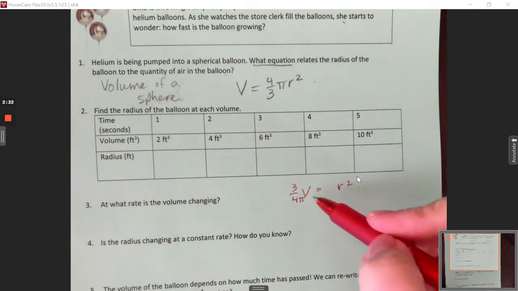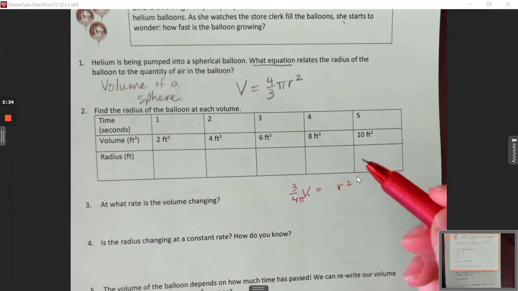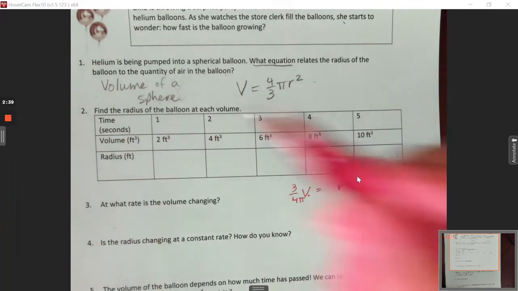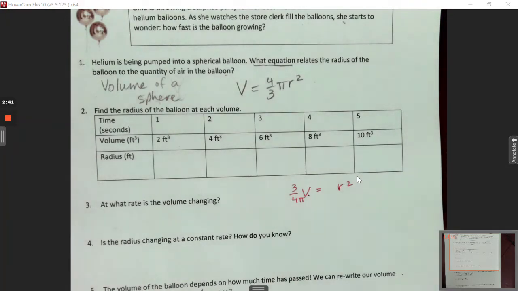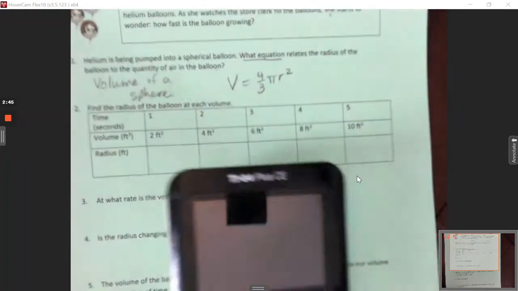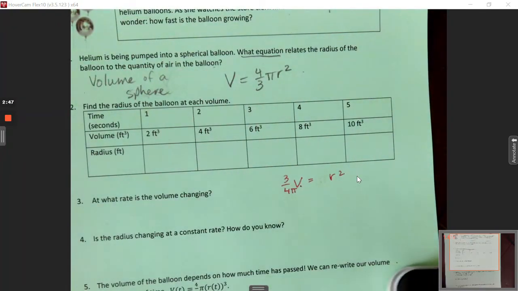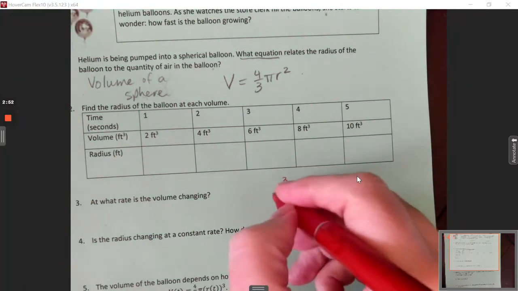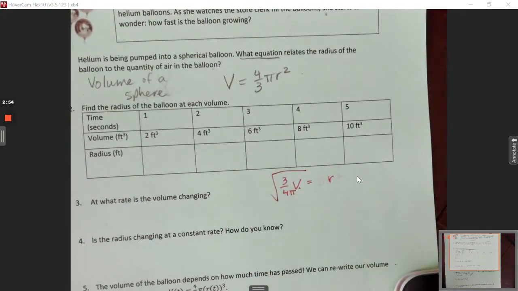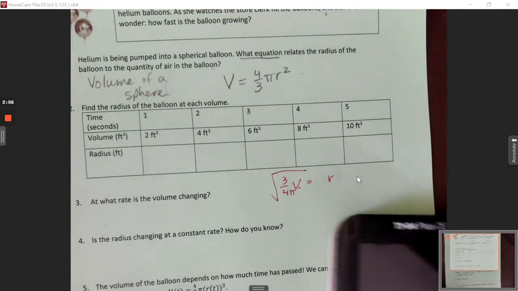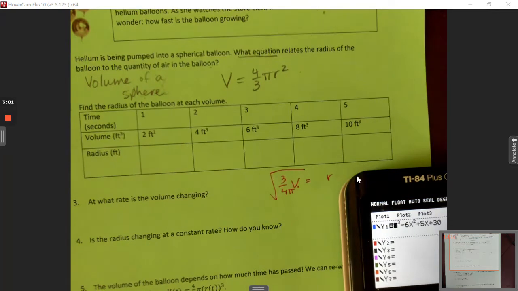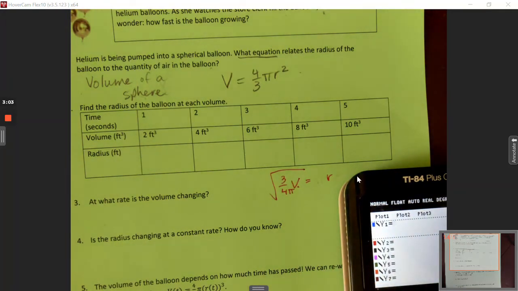So when the volume is 2, that means we get 6/4. I want my calculator to do this for me. We only need the positive square root, so let's go ahead and finish this. R is equal to the square root of that. Okay, so I'm going to use my calculator. Turn it on, go into y equals. I'm going to change this for that formula I just created.